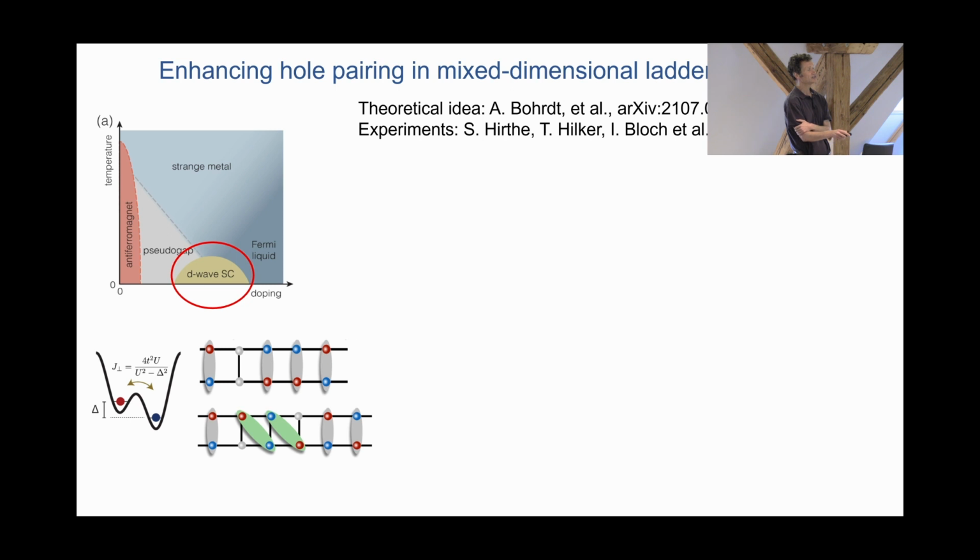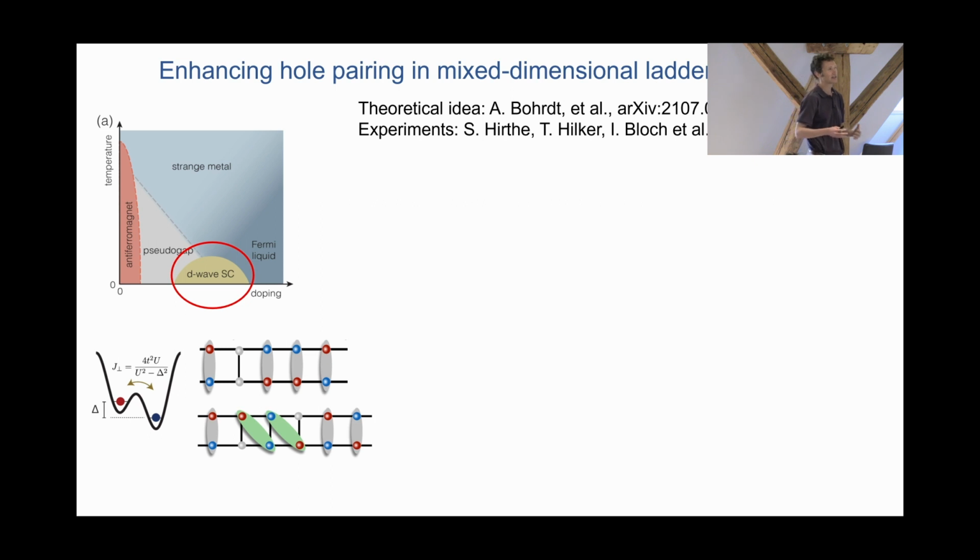But here the idea of Annabelle and Fabian was to use a mixed dimensional system. Imagine that we introduce a potential difference, a bias, between the 2 chains. If this difference is sufficiently strong, single particle tunneling is suppressed. On the other hand, exchange gets larger, because now when a fermion from the left chain goes to the right chain, the doubly occupied site does not just cost energy U, but it costs energy U minus delta, where delta is the bias.